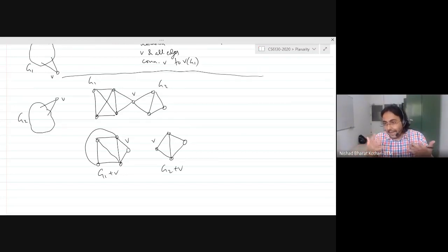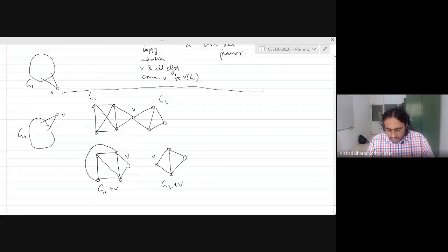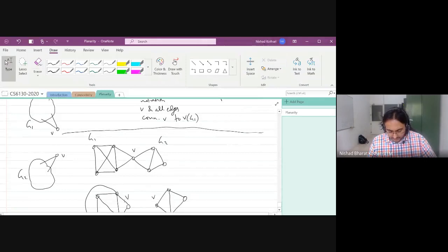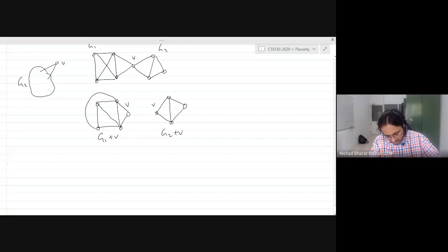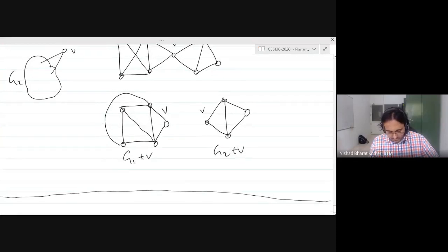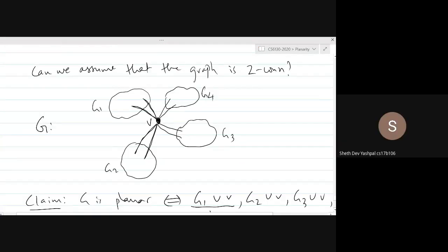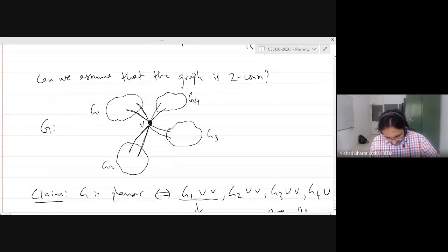And any vertex can be placed on the outer face, because any face can be the outer face. Okay, so that is the intuitive explanation behind this. Is everybody convinced? Yes. Thank you. Okay.